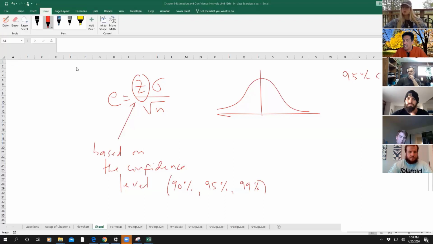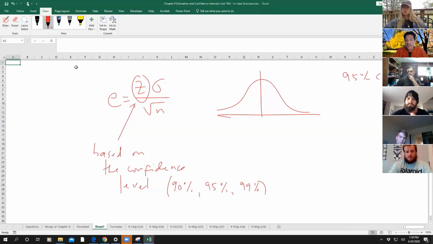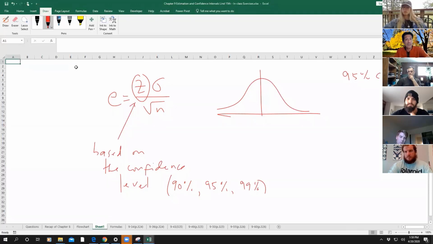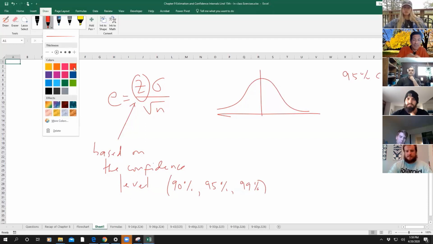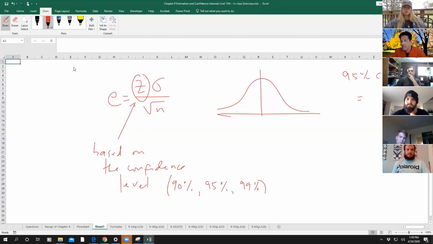What this means is that when you compute X bar, the formula, first of all, is X bar plus or minus Z times sigma over the square root of n.